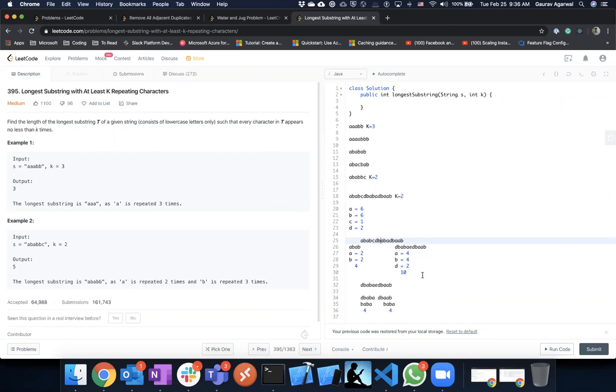Compare it with merge sort, same algorithm, same kind of operations we are performing. So if n is the length of the string, what should be the complexity? N log n.